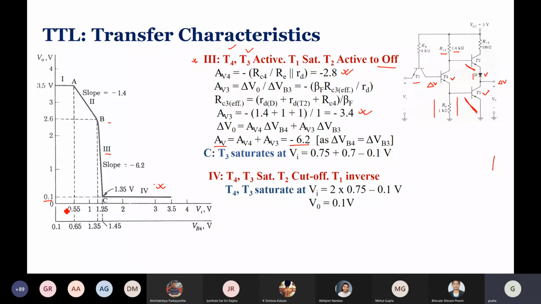The voltage that you see here is 0.75 volt, this is another 0.75 volt, 1.5 volt, and here it is 3.5 volt or so.